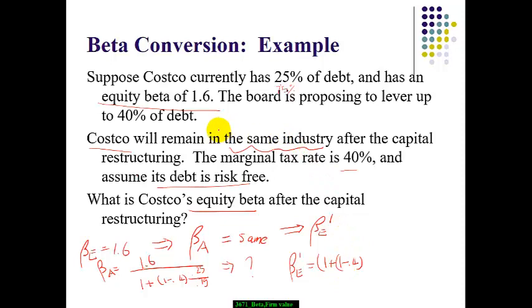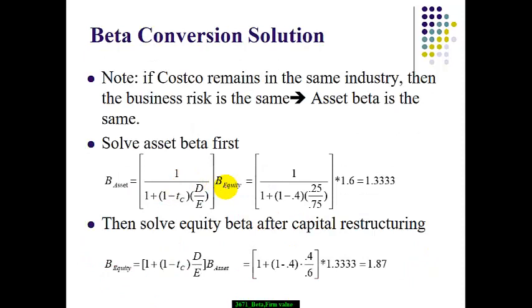In the new case, the debt is 40% and equity is 60%. We multiply by the asset beta. Let's check. As you see, the equity beta is 1.6. The asset beta is lower than 1.6. It's 1.3333. Then we level up again with the new debt-equity ratio. We get a new equity beta of 1.87.